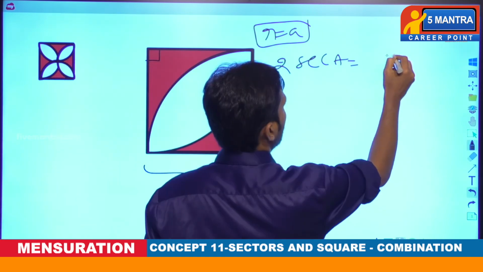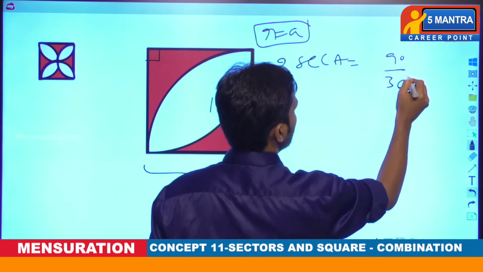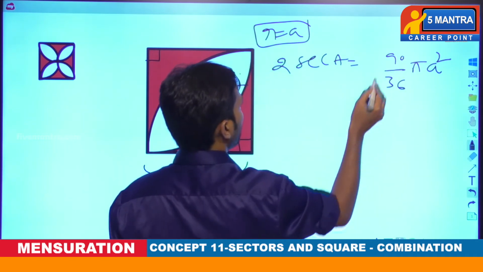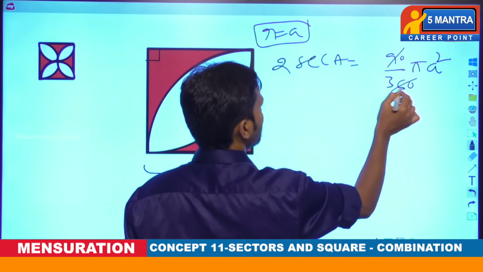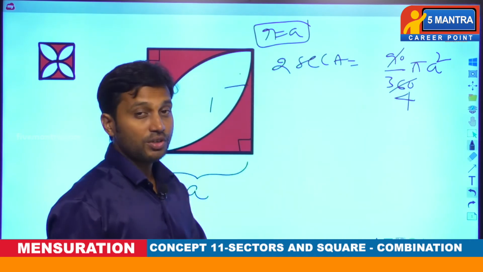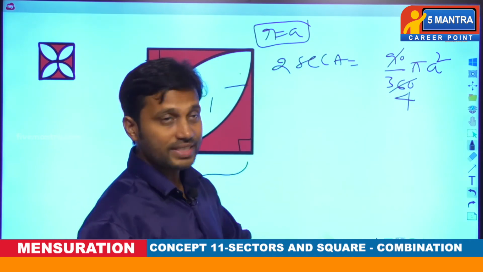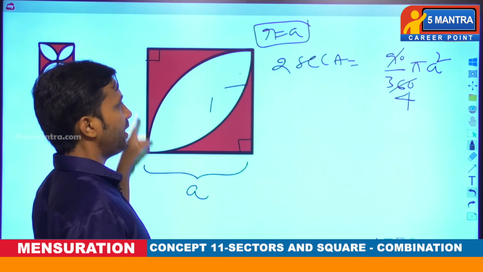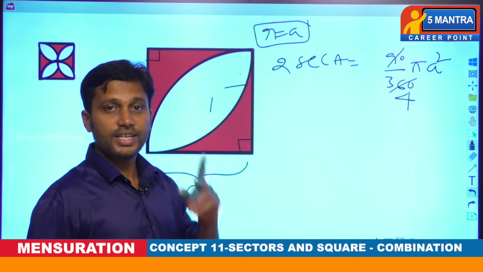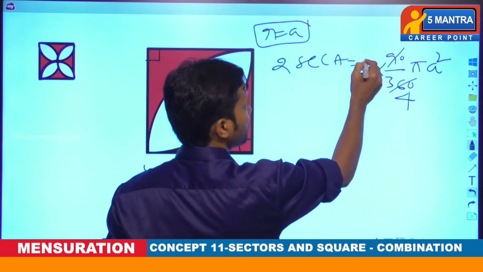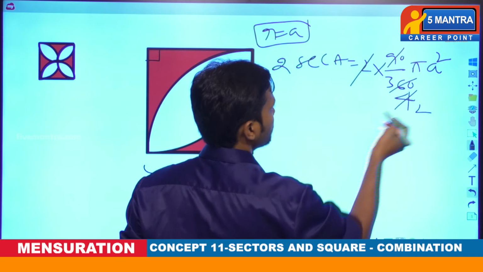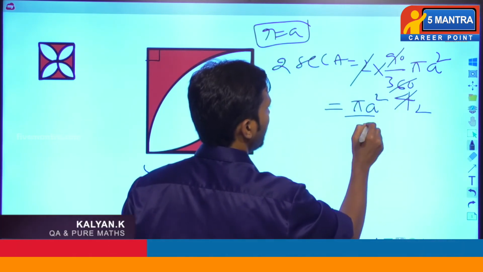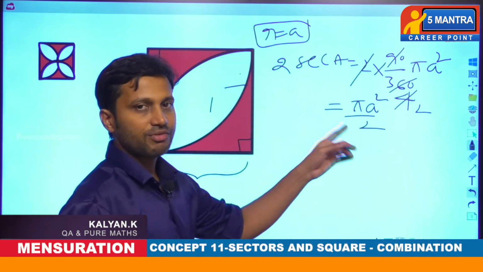That means 90 by 360 times pi, and your radius would be the side itself. 90 by 360 means this will be 1 by 4. Now this is the area of one sector. How many such sectors are existing? This is one sector and this would be another sector. So the sum of the areas of two sectors would be 2 times this. So how much is that area? Pi a square by 2. Again pi a square by 2 we got.